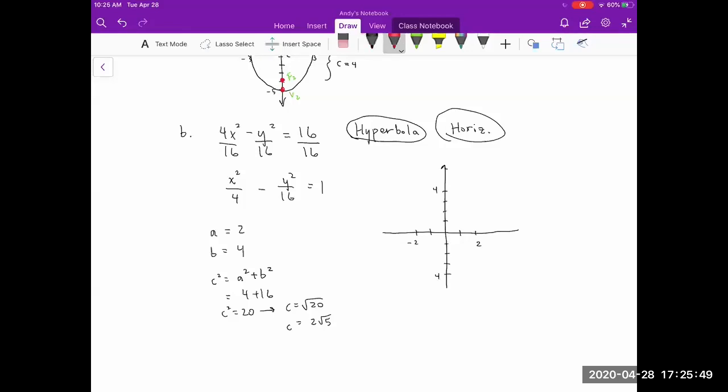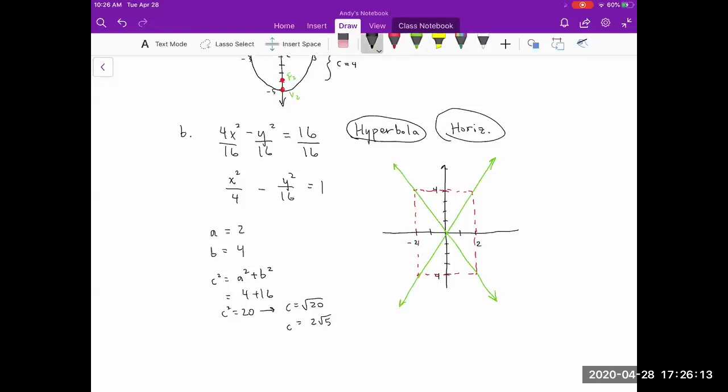Then, instead of creating an ellipse, we'll create this dotted box, like that. Then we'll look at diagonals, which are the asymptotes of the hyperbola.